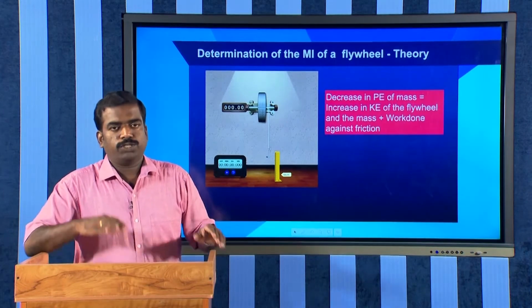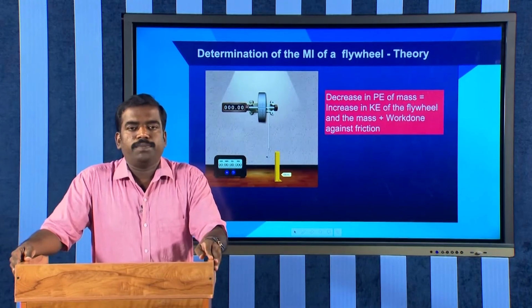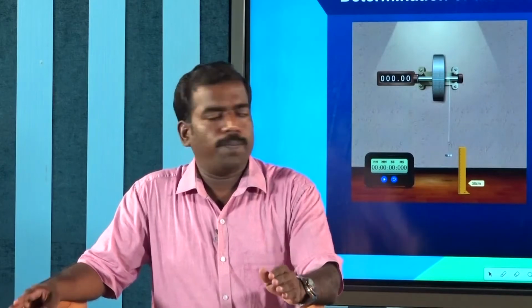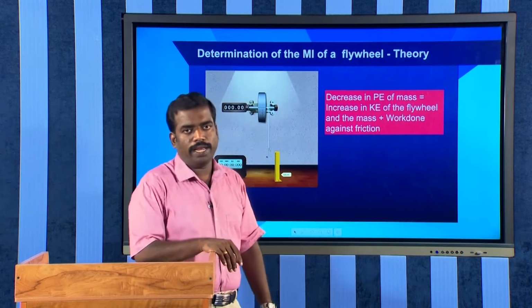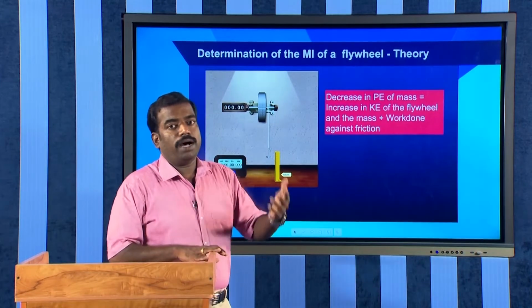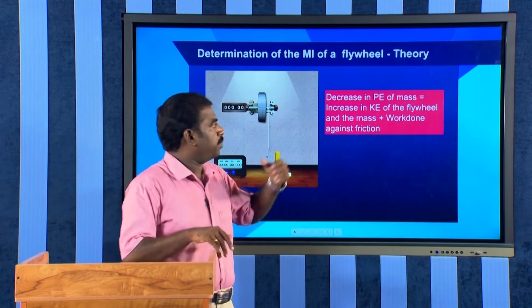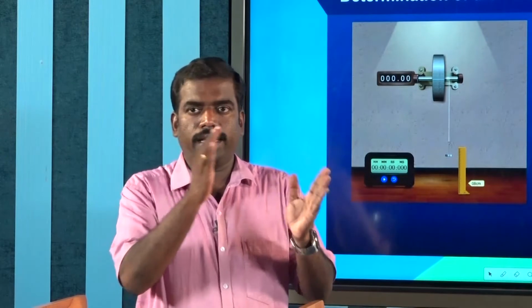In short, the potential energy lost by the mass is partly converted to an increase in kinetic energy of the flywheel and the mass. Both the flywheel and the mass get some kinetic energy, and partly it is converted to do work against the friction between the axle and ball bearings.